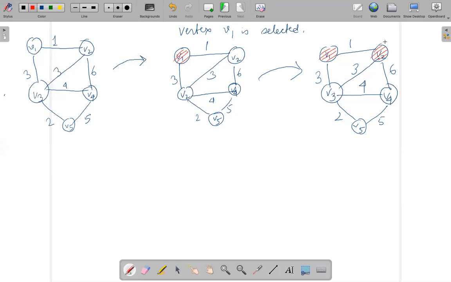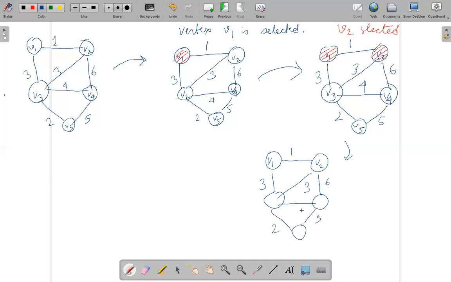Next, recall at this point our Y set has two entries, V1 as well as V2.